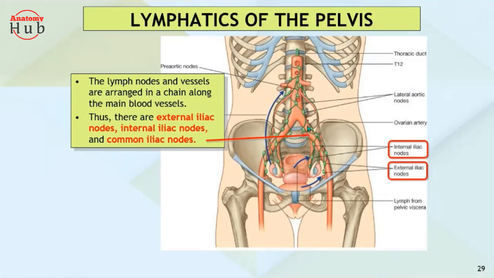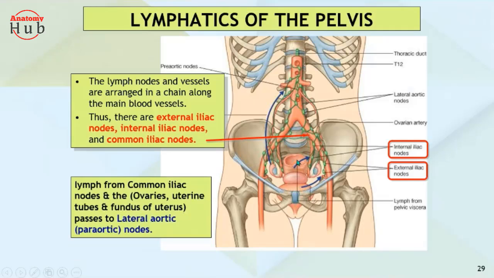And so here you'll find the external iliac artery. So the lymph nodes surrounding that will be the external iliac nodes. Surrounding the internal iliac artery, you'll find the internal iliac nodes. Then here you'll find the common iliac artery, and the surrounding nodes are common iliac nodes. So here you'll find the lymph from the ovarian region, from the uterine tube, from the fundus of the uterus, passing laterally towards the aortic nodes.